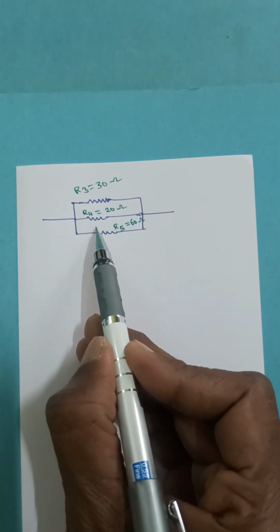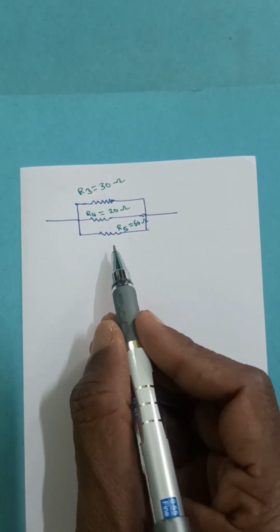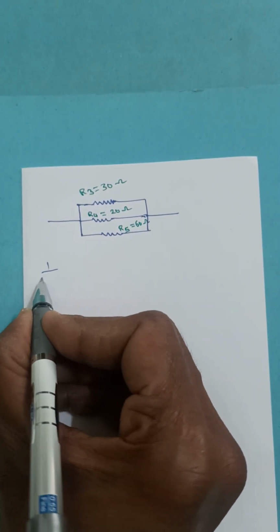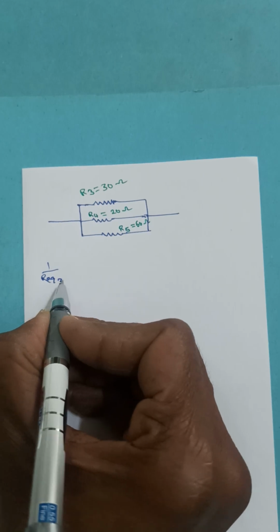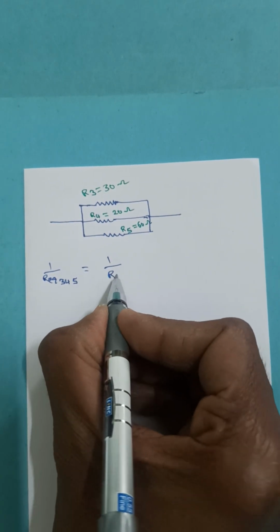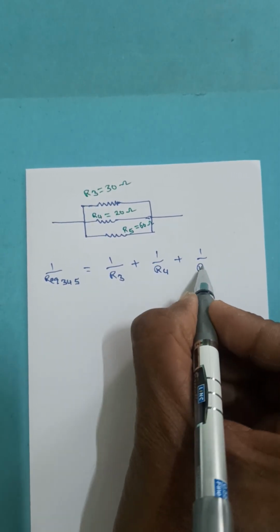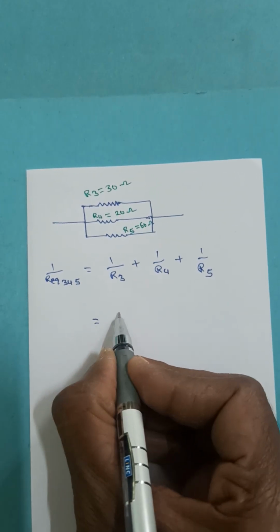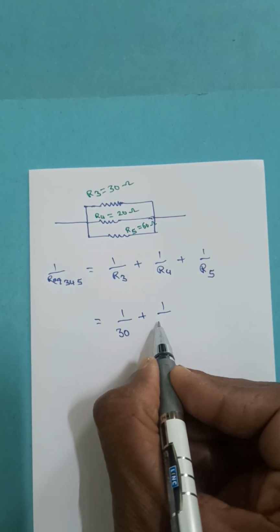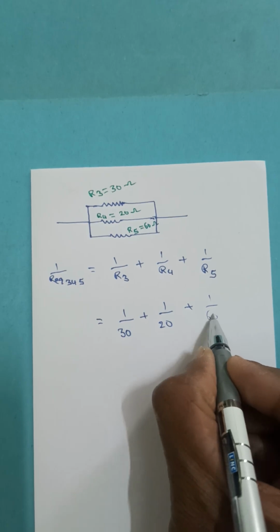See here, R3, R4, R5, these three resistances are in parallel. So use the formula and find R equivalent 3 4 5, which is equal to 1 by R3 plus 1 by R4 plus 1 by R5. So you substitute the values. 1 by R3, 30 ohms, plus R4, 20 ohms, plus 1 by 60.